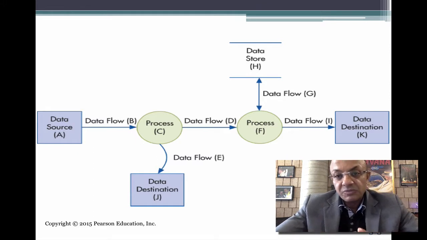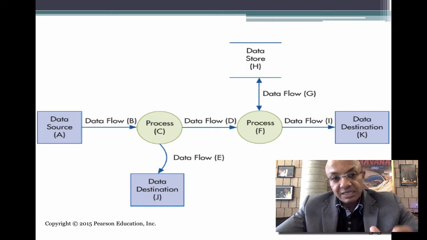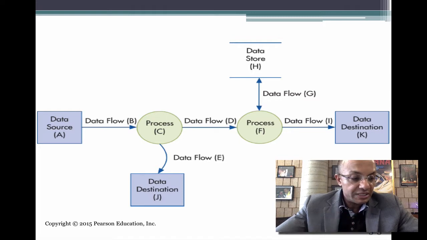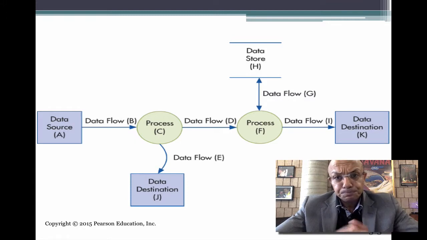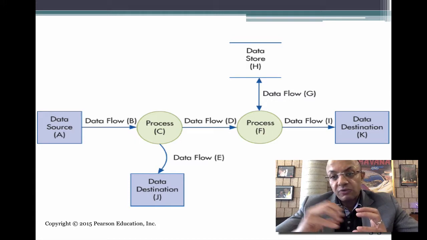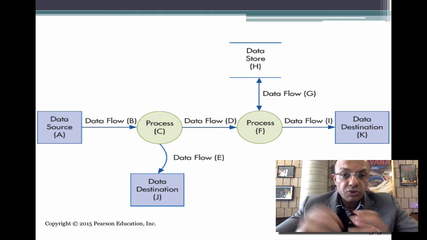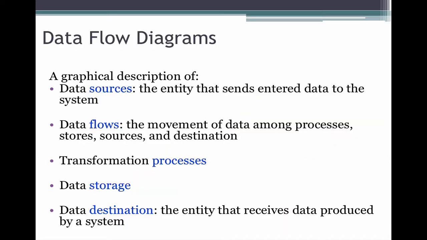As you can see from this graph, we have the source of data, and then the data flow, which shows the data flowing from the beginning to the end, then processing the data, then storing the data, and finally the data destination. So in this diagram, we focus on the flow of the data and the process of producing the data in the form of information.